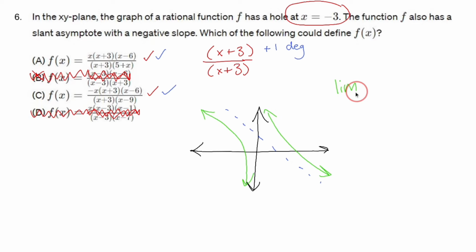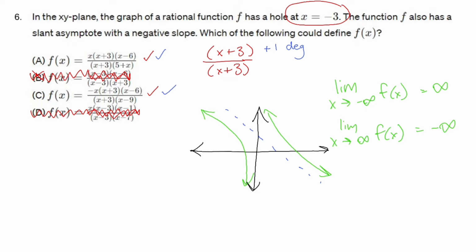The limit as x approaches -infinity of this graph that I just wrote out, it's going up, so it's going to approach positive infinity. When I figure out the limit as x approaches positive infinity of f of x, my fake problem, it looks like it's going down and to the right, which means it's approaching negative infinity. So what I need to do is take these and figure out which one has the end behavior where negative infinity goes to positive infinity and vice versa.